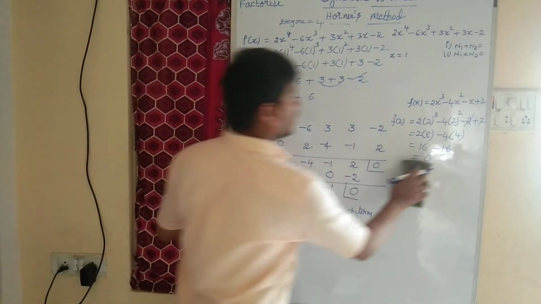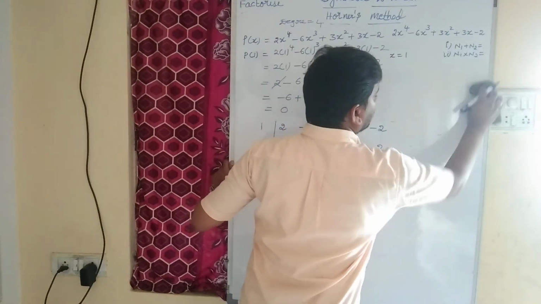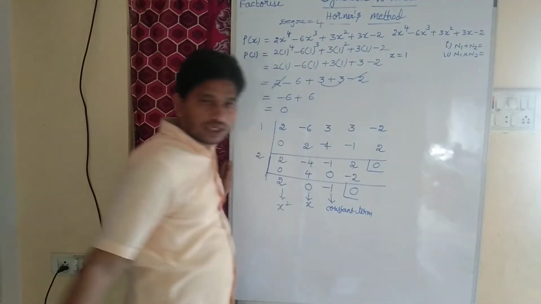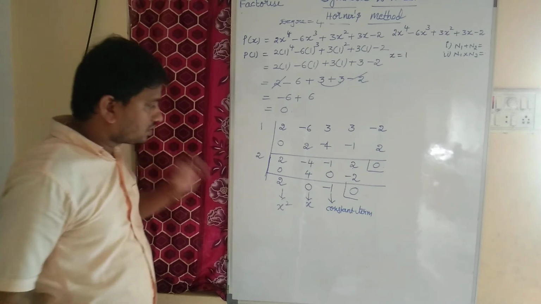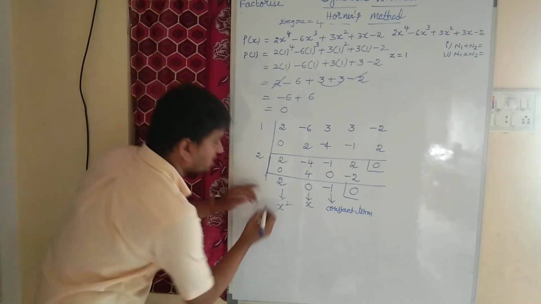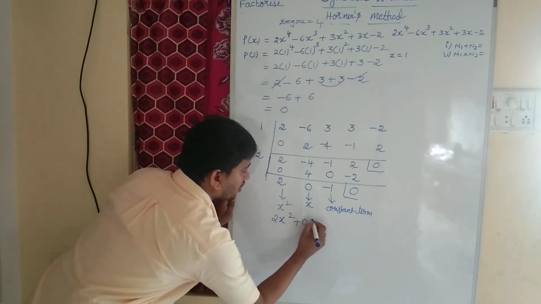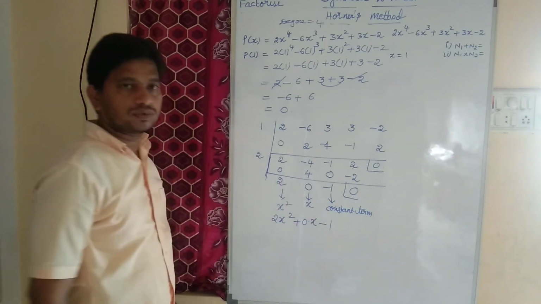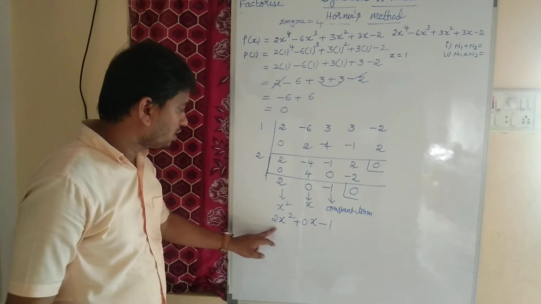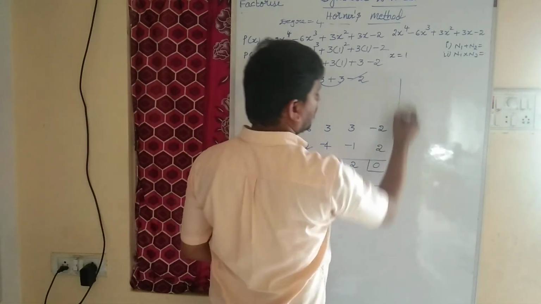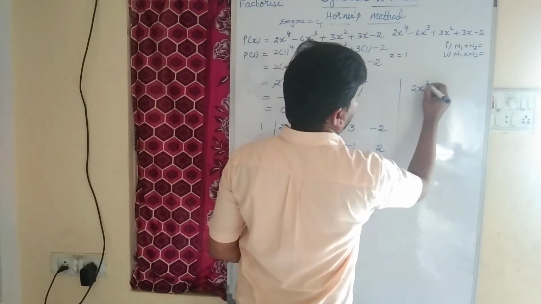So now let us find the remaining two zeros by using factorization. So what is the coefficient of x square here, children? This is 2x square plus 0 into x minus 1. 0 into something, 0 only. We got 2x square minus 1.